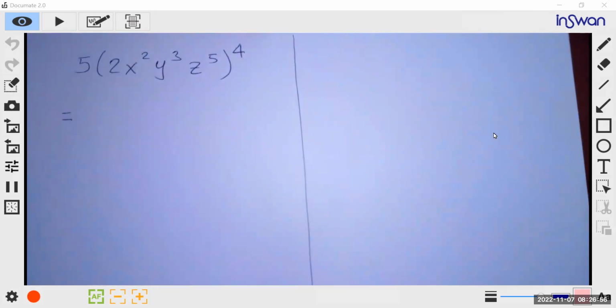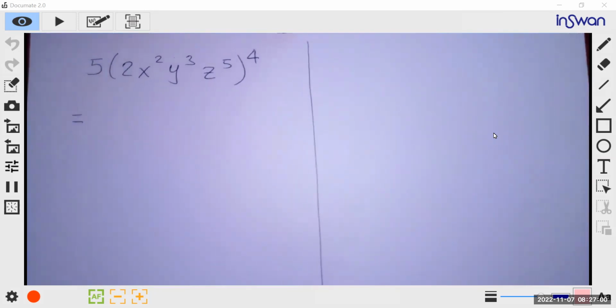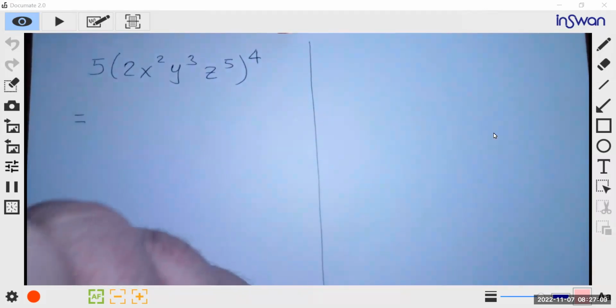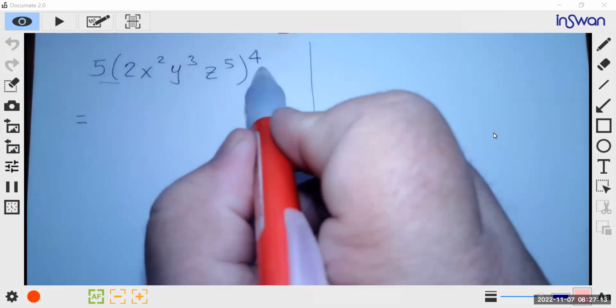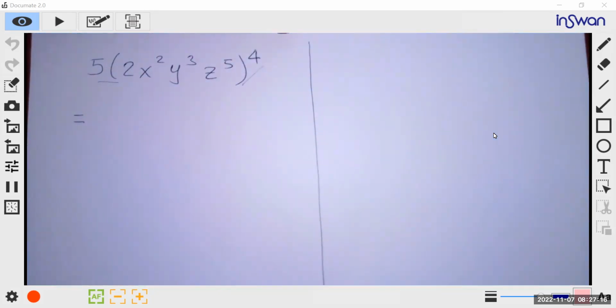Okay, so what's my first step? The 5? No. Order of operations is multiplication or exponents. Which one's more important? Exponents. Always do exponents first.